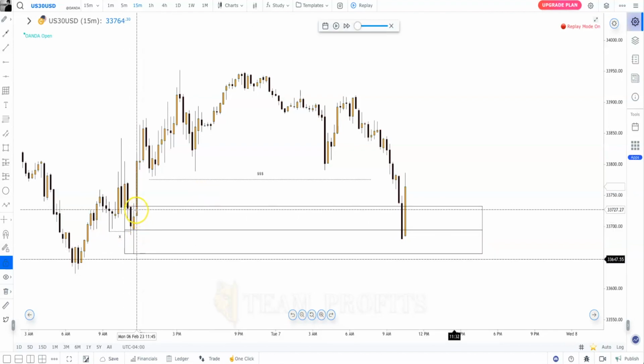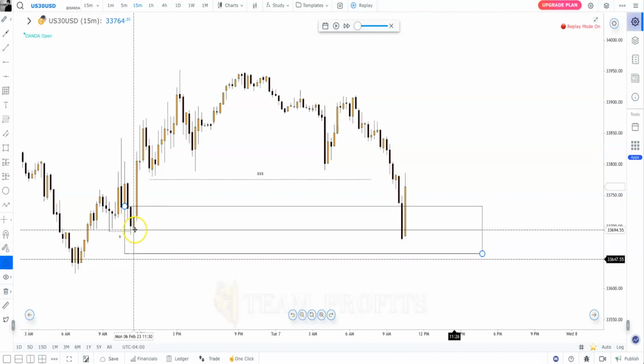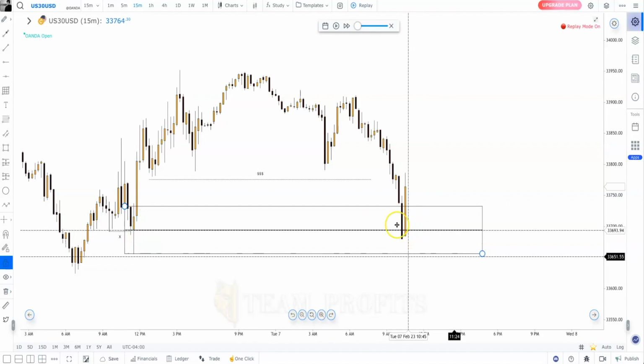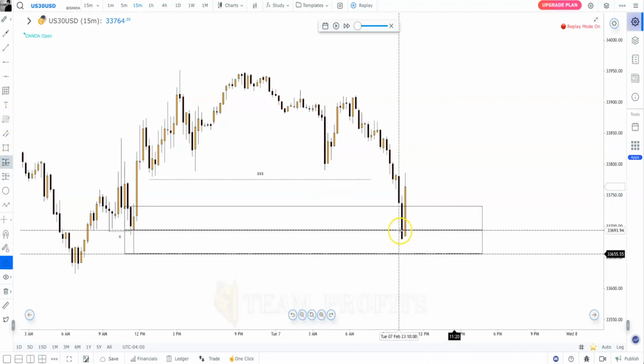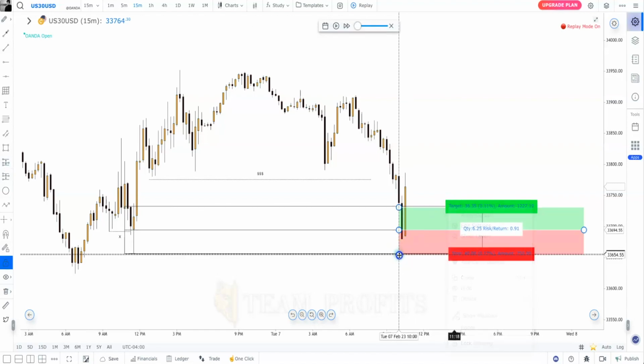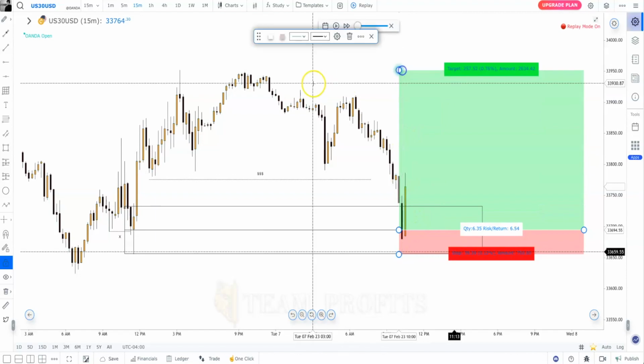But anyways, I decided to cover this wick, this candle, plus this one as well. So these two right there, I covered that entire zone, and I went with the 50%. My entry was at the 50%. Stop loss, a few pips right there, and the take profit, I was actually aiming this high.